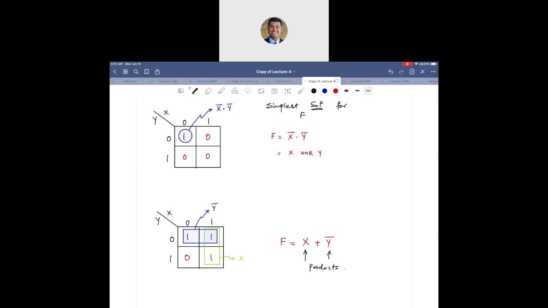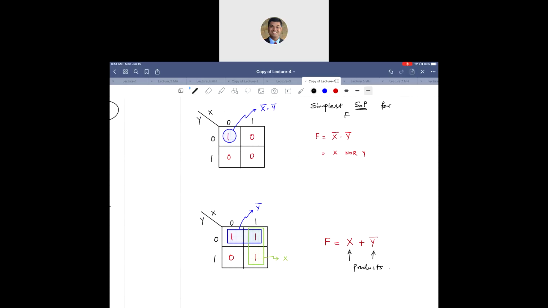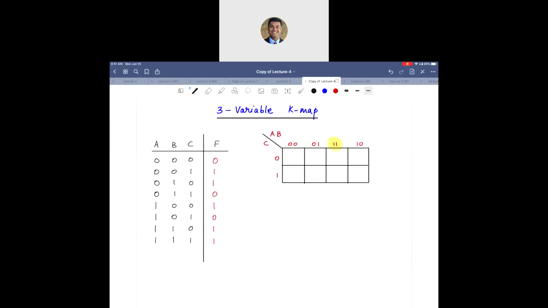All right, let's move on. 2 variable is done. Let's move on to a 3 variable. Now the truth table for a 3 variable K-map is going to look like this. I have chosen A, B, C as my 3 input variables, and F is my output variable.